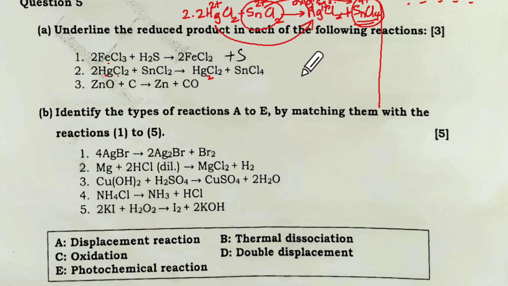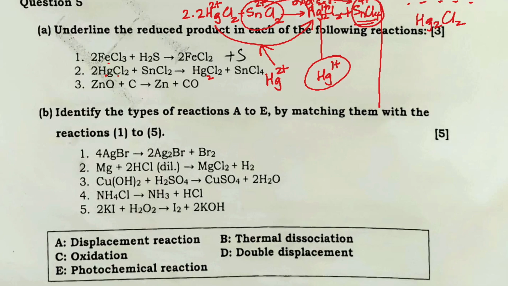Yes. If it is reduced, then my mind is saying Hg2+ should become Hg1+, correct? But they wrote it differently, so it should be Hg2Cl2. I'm just writing this so that it satisfies this part. All right, so I'm going to write over there Hg2Cl2. There's an error here, but doesn't matter. We'll just keep like that.